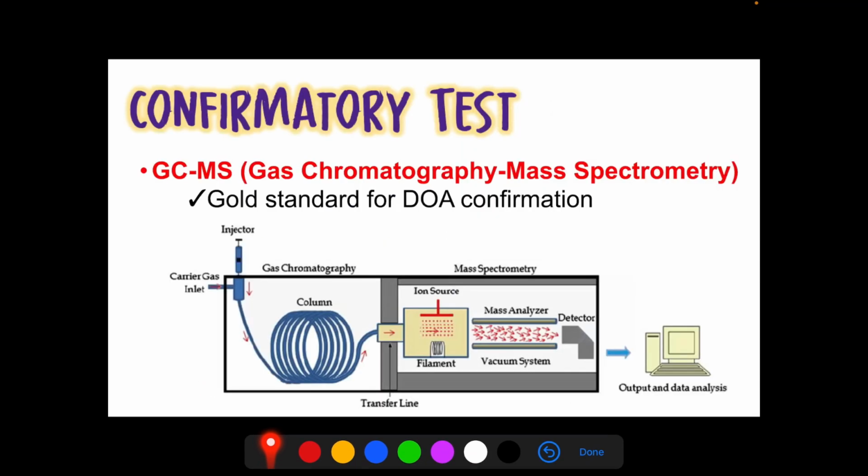Next one, for the confirmatory test, we have the GCMS as the gold standard for drug of abuse confirmation. This is gas chromatography mass spectrometry, an instrumental technique that produces, separates, and detects ions in the gas phase.